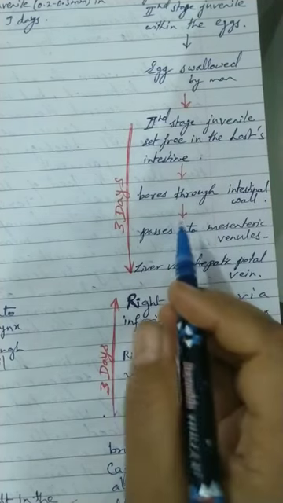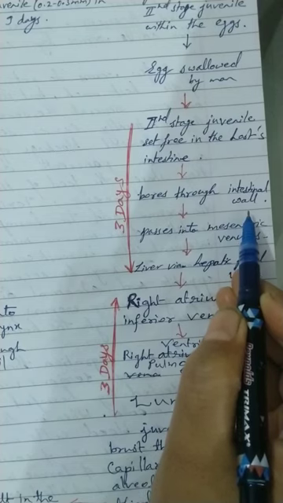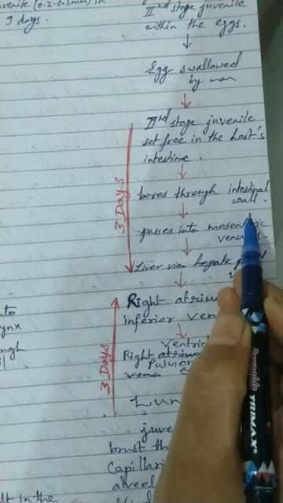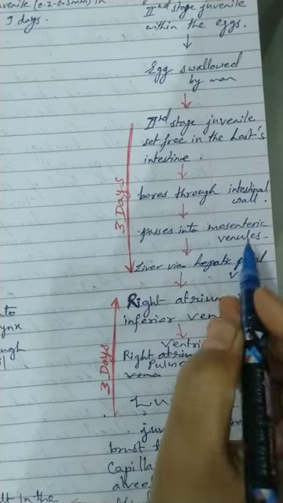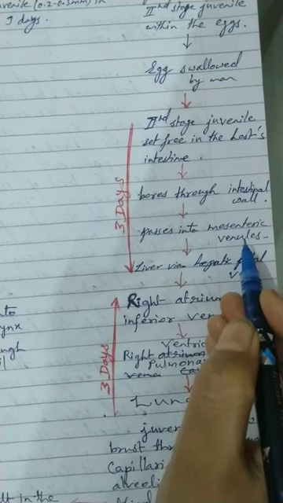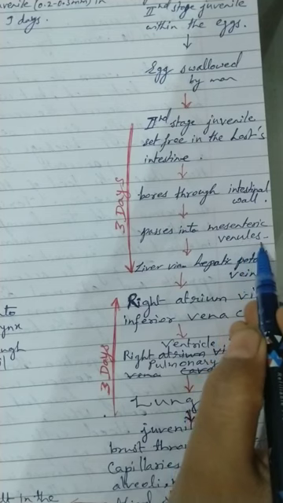Immediately, this bores through the intestinal wall and returns after taking a tour through the parts of the body, during which they grow and molt. From the intestine it enters the bloodstream of the human body.